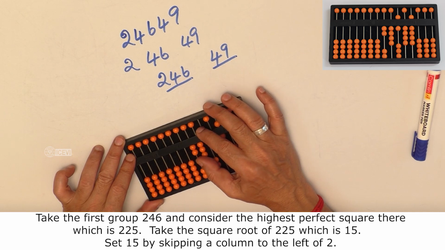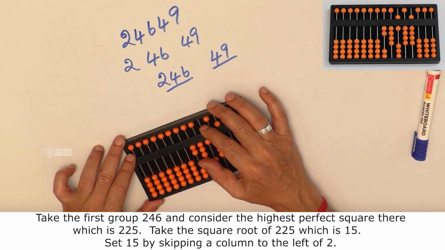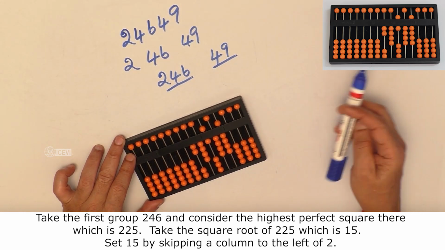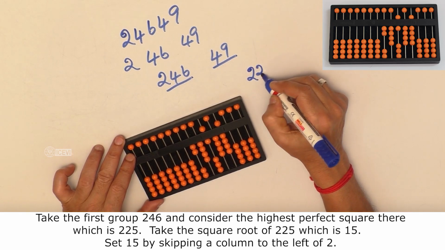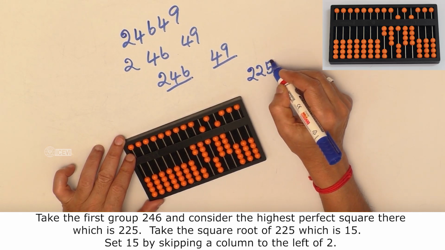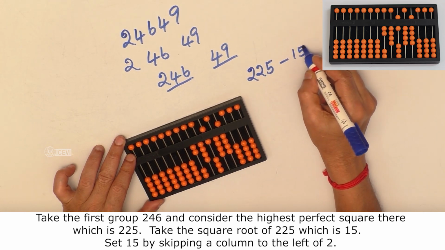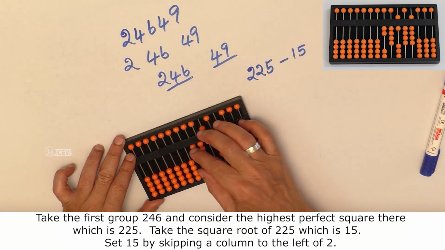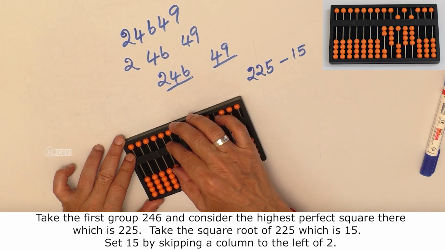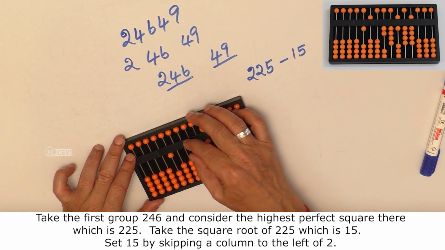Take the first group 246 and consider the highest perfect square there, which is 225. Take the square root of 225, which is 15. Set 15 by skipping a column to the left of number 2.